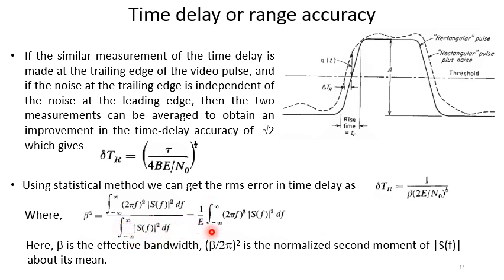This beta is the effective bandwidth. Beta by pi whole square is the normalized second moment of SF about its mean, and SF is the Fourier transform of ST.